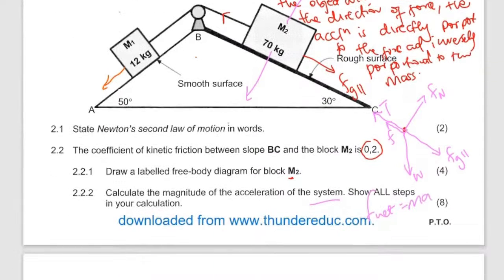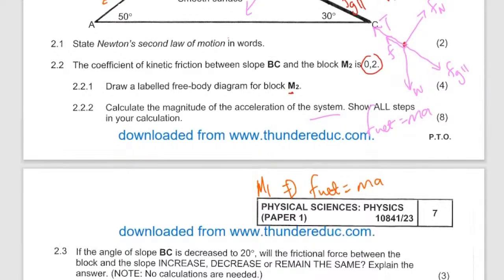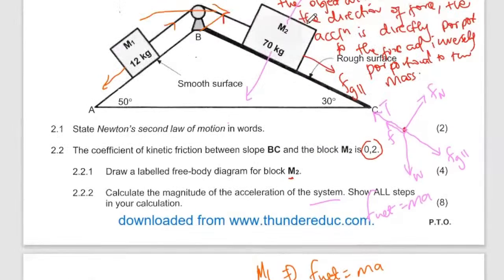Let me look at body A, the M1. If I assume that this system is going to move in this direction, the tension here must be greater. F net is equal to MA, so the tension minus the FG parallel must give us MA.